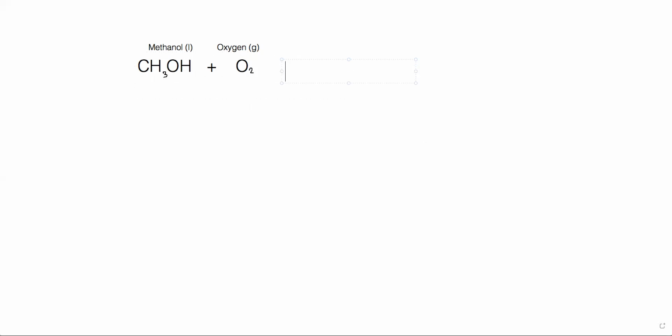So let's see if we can predict the products. Do you remember what the products always have to be in a combustion reaction? It's always going to be carbon dioxide and water in combustion.